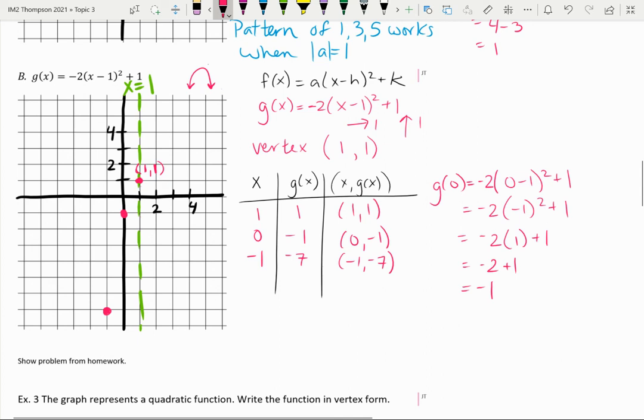Now, to save myself the work of plugging in more points into a table, I'm just going to map them over. This is the axis of symmetry. Whatever distance occurs on one side is going to be replicated on the other side. So this point right here, 0, negative 1, is 1 unit away from the axis of symmetry, so when I reflect it over, I'm going to have a point at 2, negative 1.